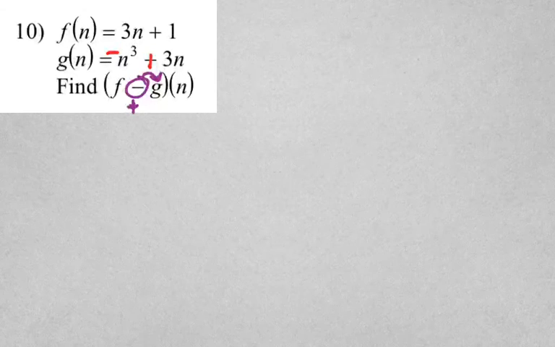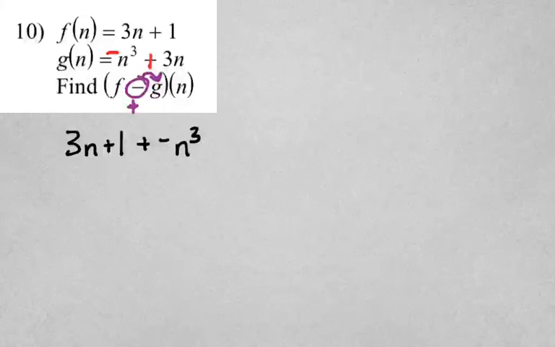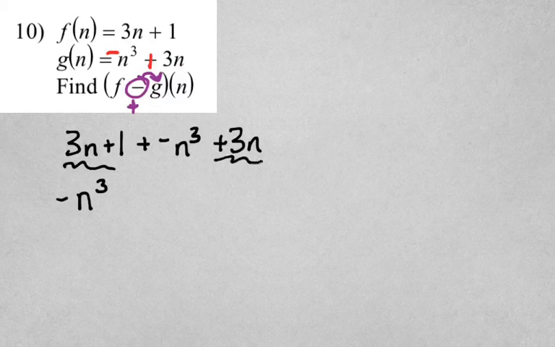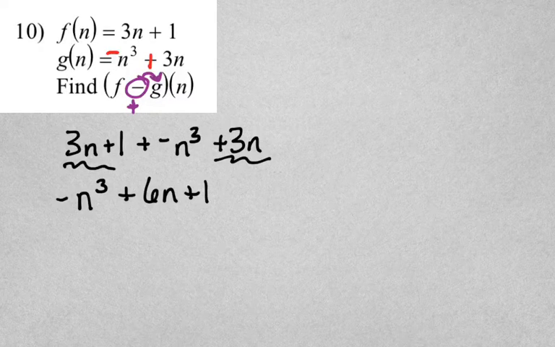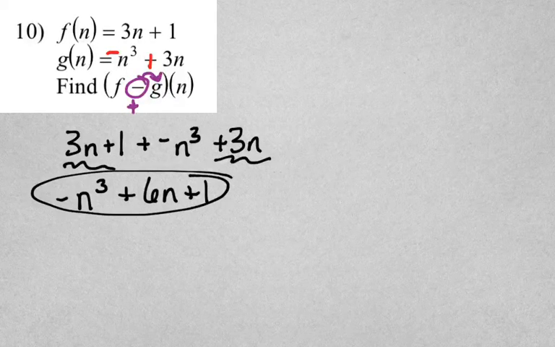And then I just have to add 3n plus 1 plus a negative n cubed plus 3n. And so I only have that one n cubed. My 3n plus 3n gives me 6n plus 1. Again, this n was just telling me that it needs to be in terms of n. That means the variable needs to be n.